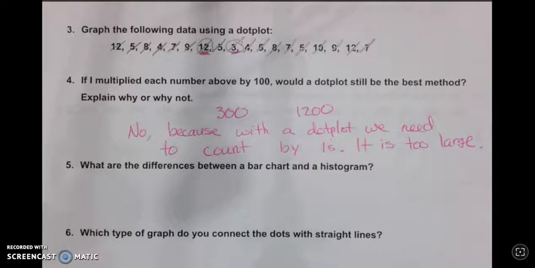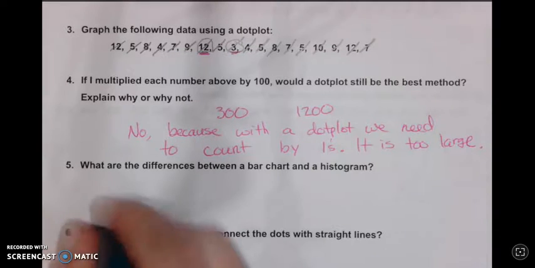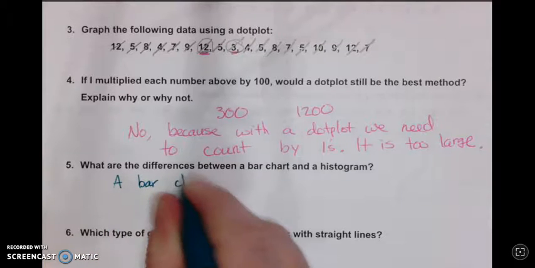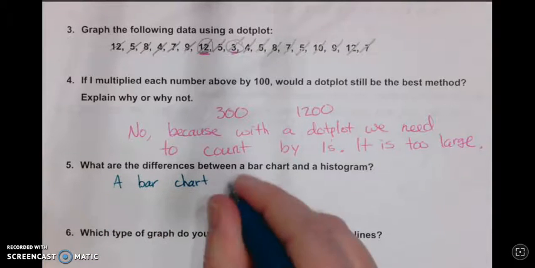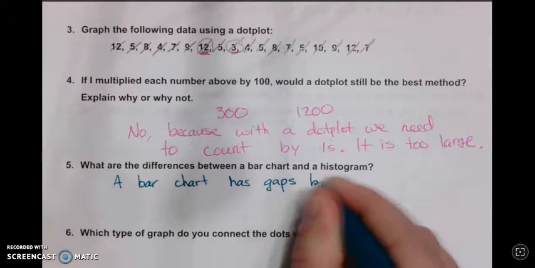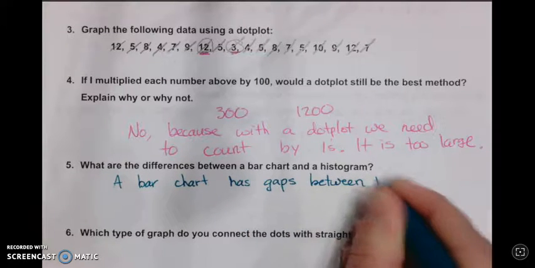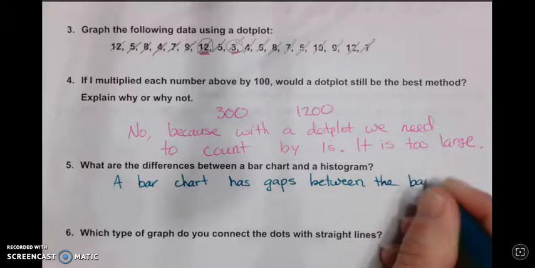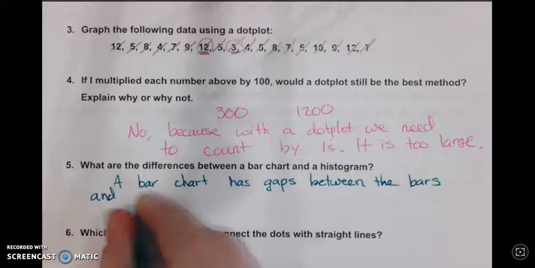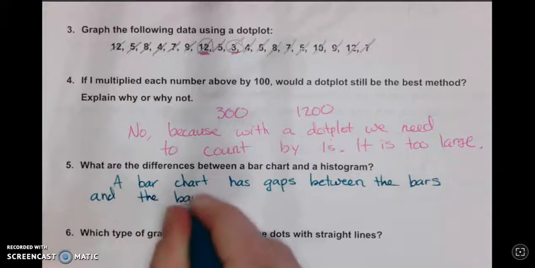So then what are the differences between a bar chart and a histogram? The two main differences we talked about: a bar chart has gaps between the bars, and the bars are touching with the histogram.